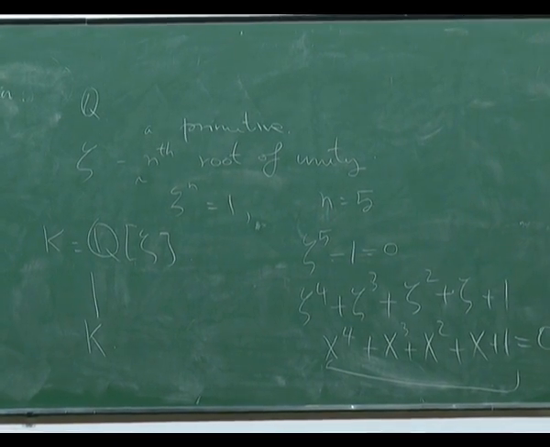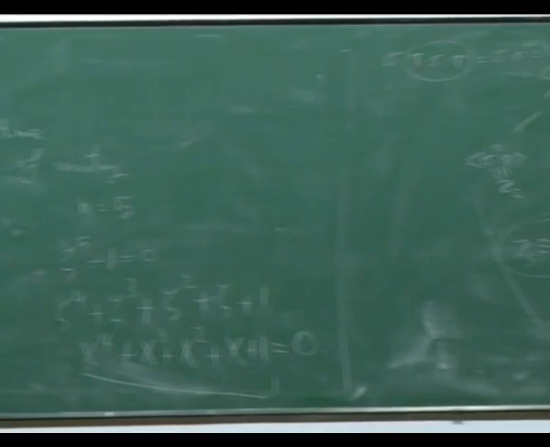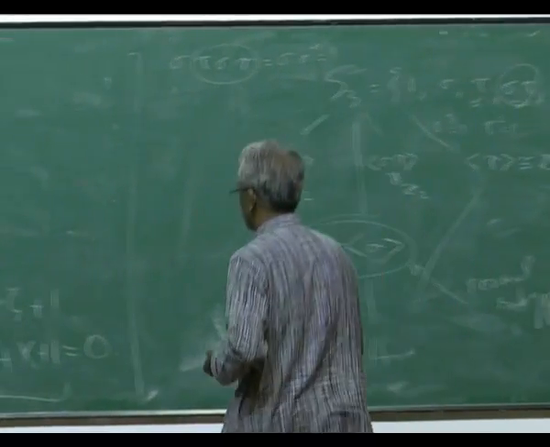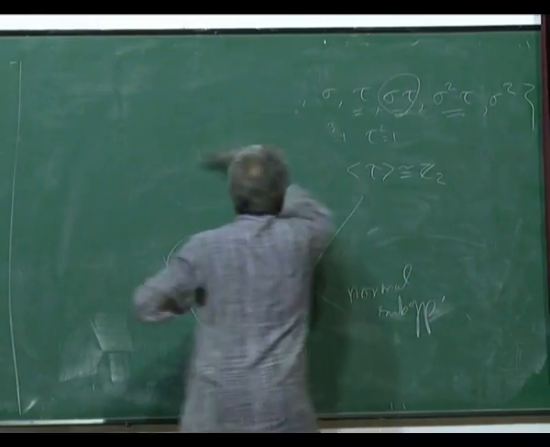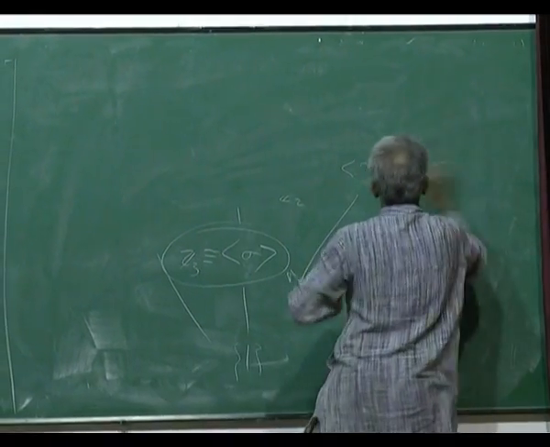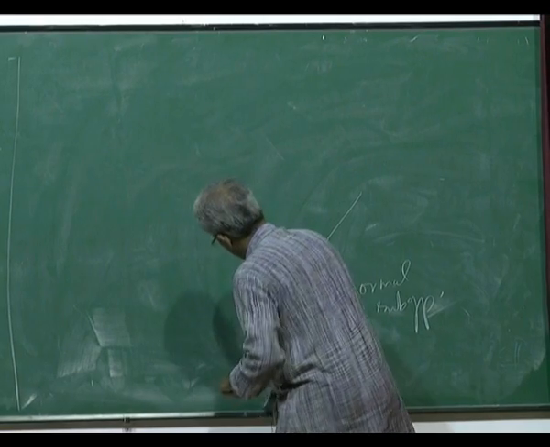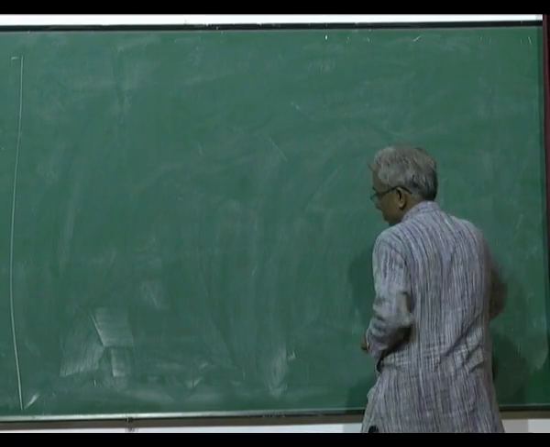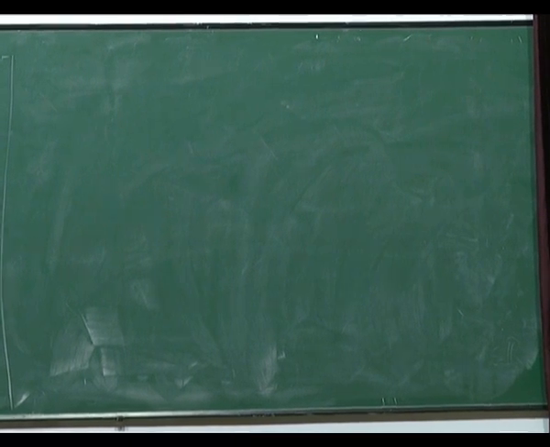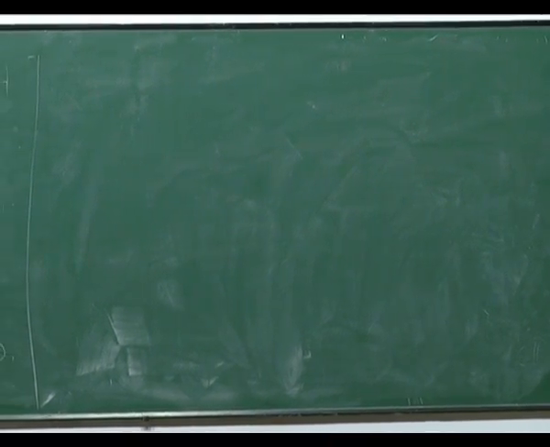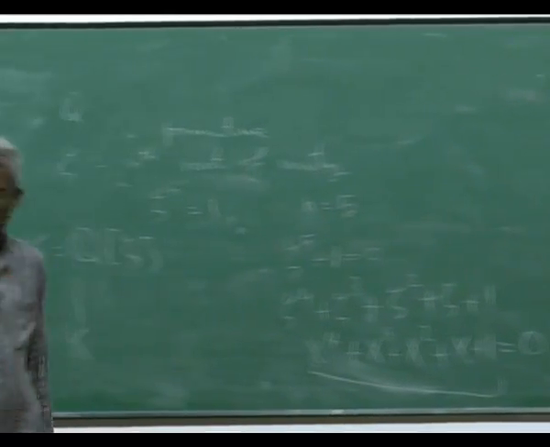And how do you see that? You see that by using, for example, the Eisenstein criterion, and we can apply this. So, this is an irreducible polynomial.